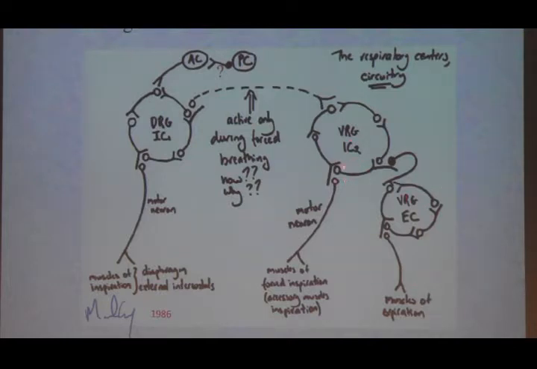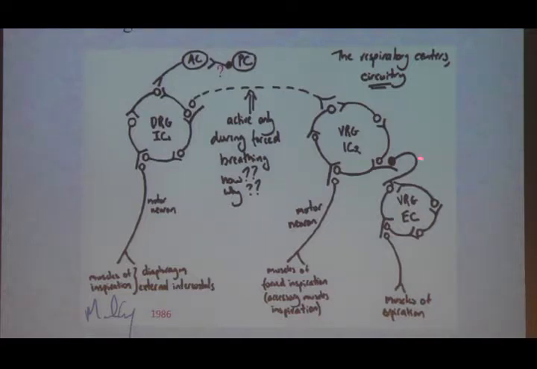The inspiratory area innervates muscles of forced inspiration. These would be accessory muscles of inspiration, like, for example, the scalenes or the sternocleidomastoid that help elevate the rib cage when they contract. The expiratory portion of the VRG goes to the accessory muscles of expiration, for example, innervating the abdominals and causing increased contraction of abdominals during expiration.